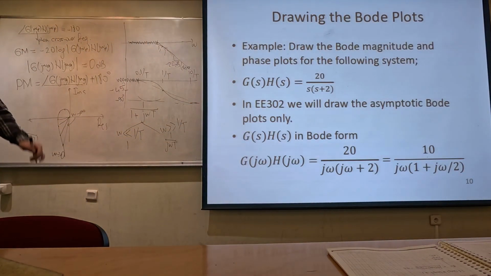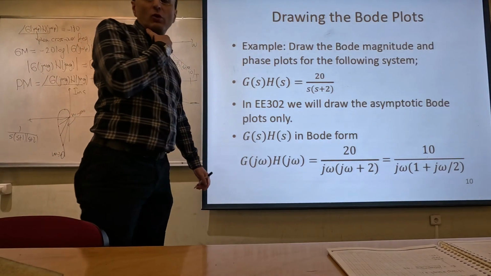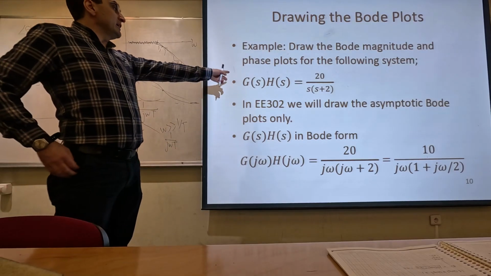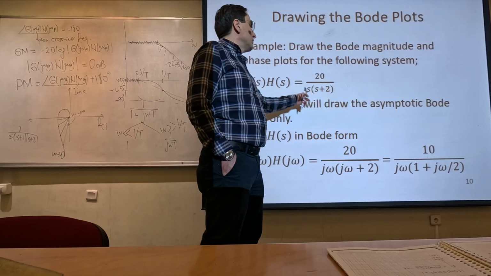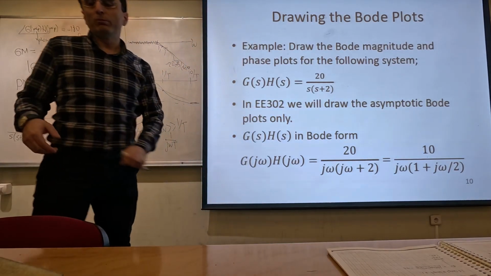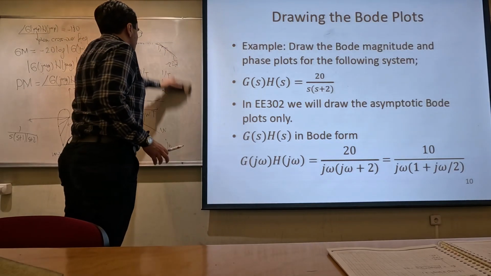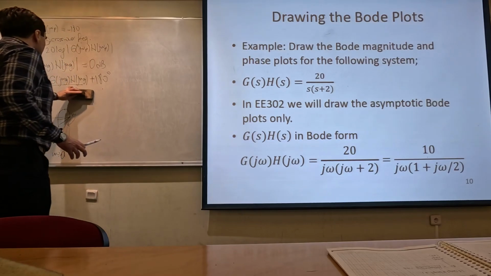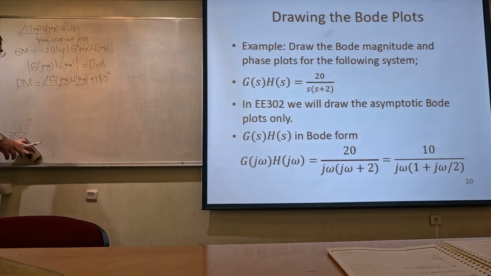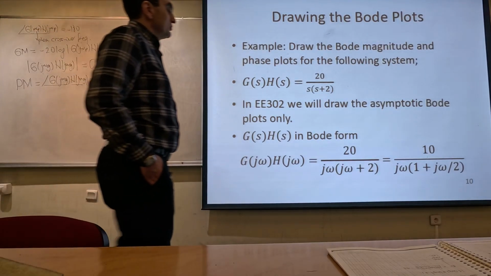So now let us try to see how we can approach the problem of drawing a Bode plot. Here this is my open loop system, and I would like to draw a Bode plot for this open loop system. The first thing that I have to do is to put it into Bode form. If I don't put it into Bode form, there might be some mistakes at the end, because each of the terms will start contributing a gain.